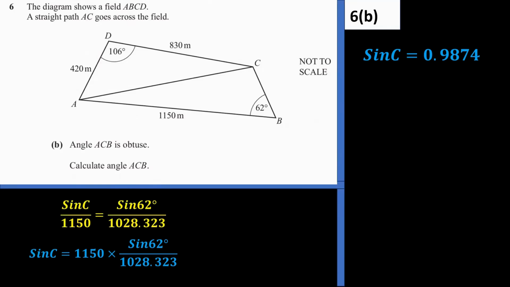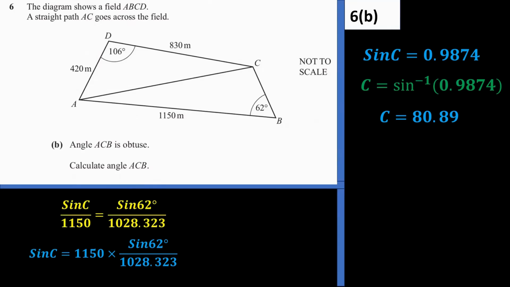We take the arc sine to find the angle C. The arc sine of that value gives us 80.89. Remember, 80.89 lies in the first quadrant and the sine of that angle is positive, but there's also another angle that gives the same value when we take the sine. That is the supplementary angle, 180 minus 80.89.